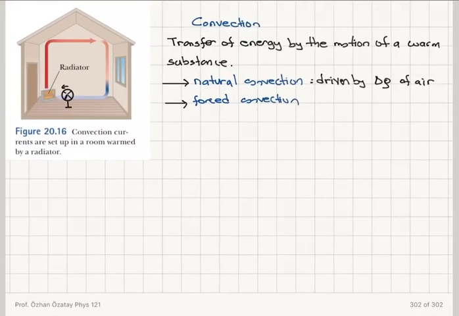So if you have the fan here, then you have the convection driven by a pump or a fan. That will give you a forced convection. So the air molecules are flowing inside the house. They are forced to move as driven by a pump or a fan.